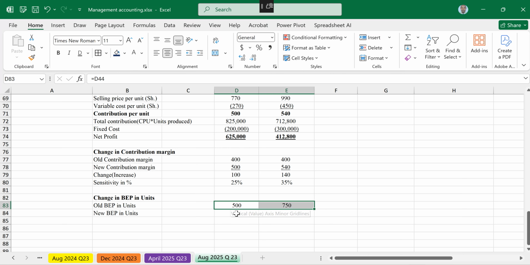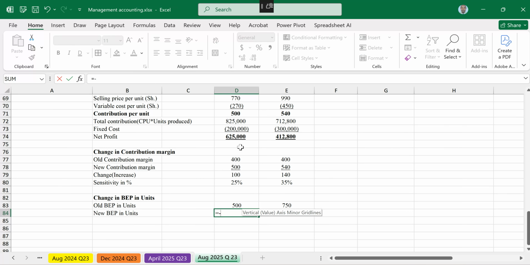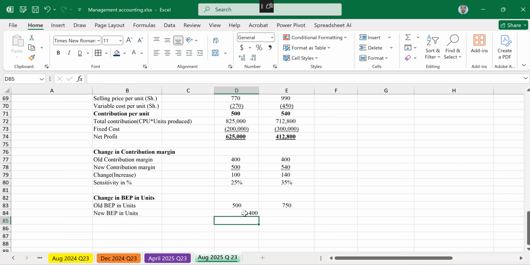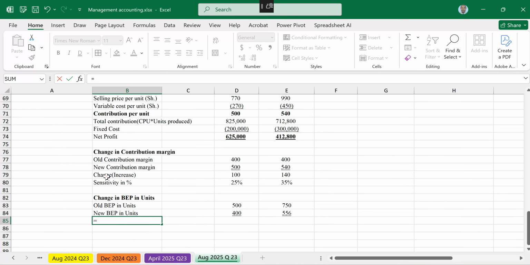The new BEP in units will be equal sign, negative fixed cost over the contribution per unit, and you're getting 400. Drag across, the other one is 555. We can put this to one decimal place, 556. Change: this one looks like a decrease.